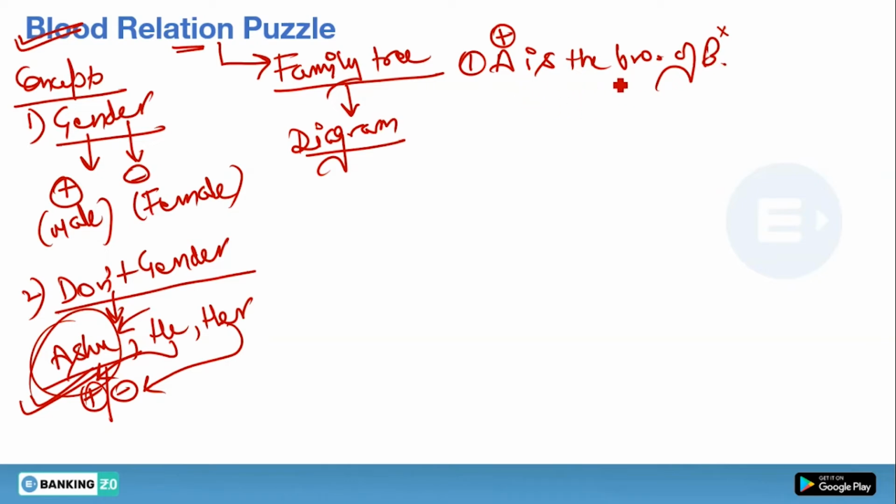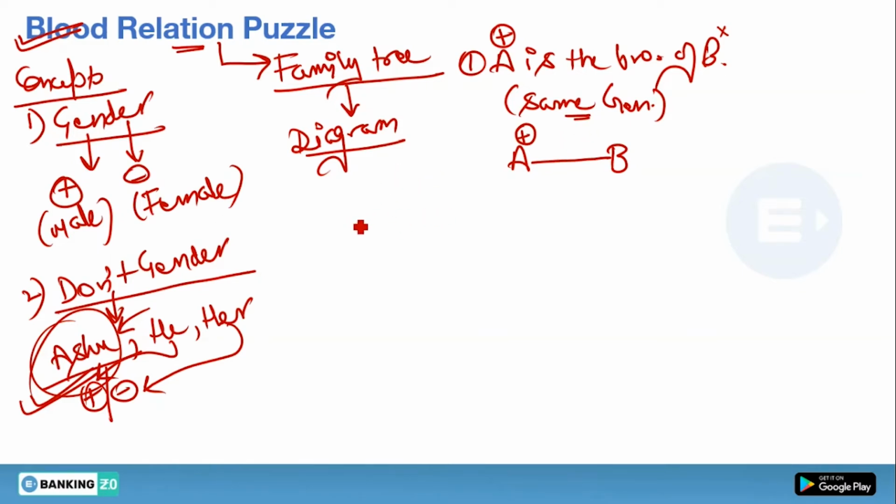If A is a brother of B, A is male, and A and B belong to the same generation. For same generation persons, we have to use a single arrow like this between these two persons, or between any persons given in our question. And we know the gender of A, that is positive, and positive means male. This is how we represent same generation persons in a family tree.